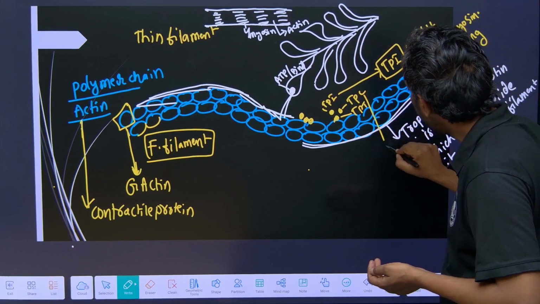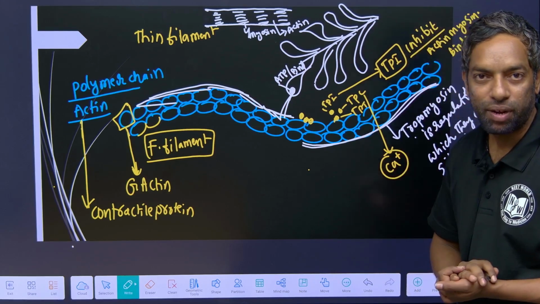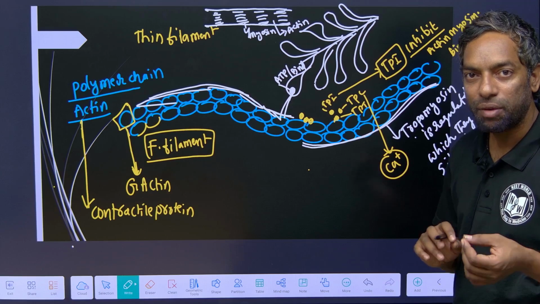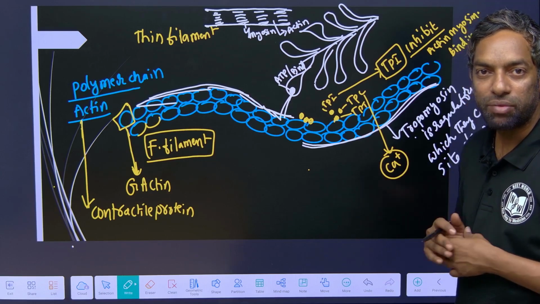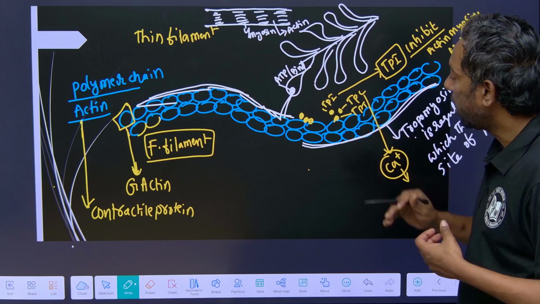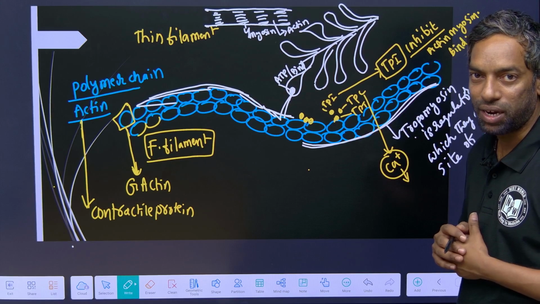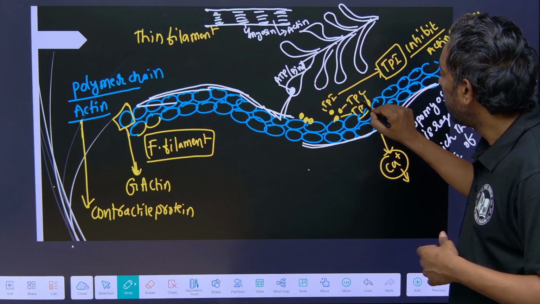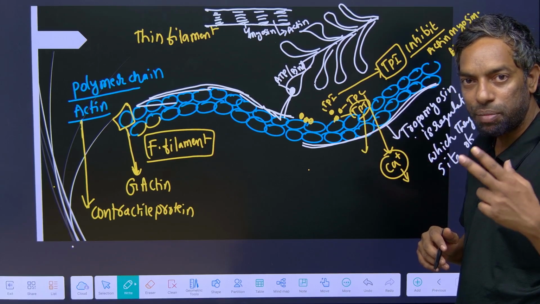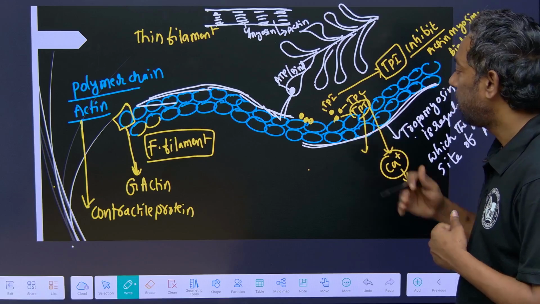TPC releases calcium ions for the muscle contraction. I told you there is a chemical release from the motor neuron. With the chemical release, the calcium channel opens. In that condition calcium binds at the TPC part of troponin, the regulatory protein. So TPI inhibits, TPC releases the calcium ion, and TPT transfers the signal for the muscle contraction.